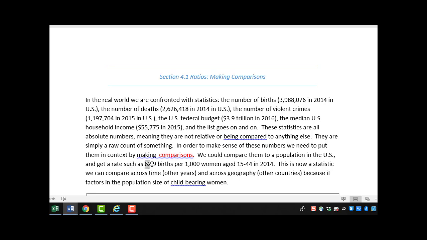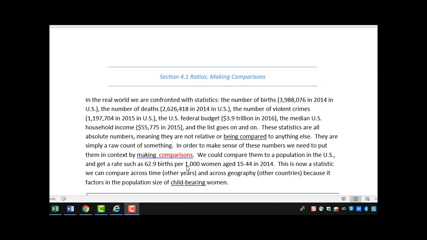There's 62.9 births per 1,000 women aged 15 to 44 in 2014. That's an important statistic. That's a ratio. Per means divide. So that clearly is a ratio. And you can use that ratio to compare over years or against other countries.